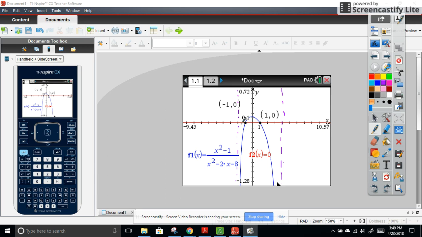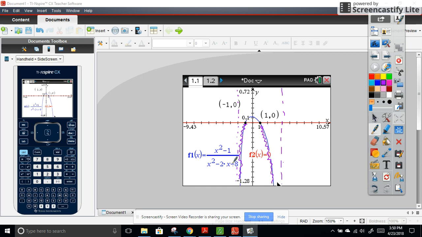So all we're talking about is this portion of the graph. This is where the blue is below the red, and this is where the blue is below the red. You've got to be able to write that. Remember, we read it from left to right.